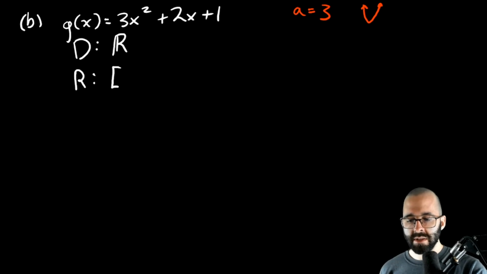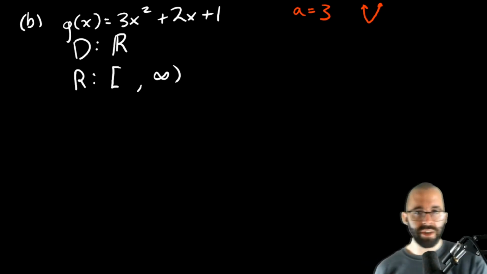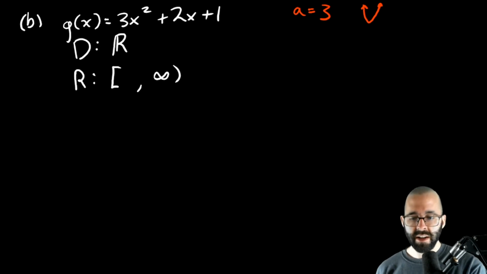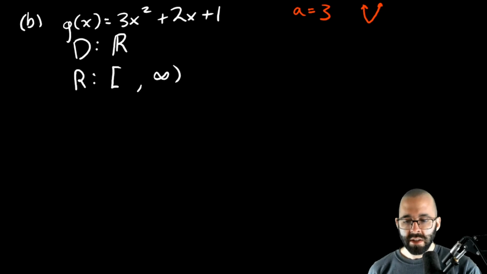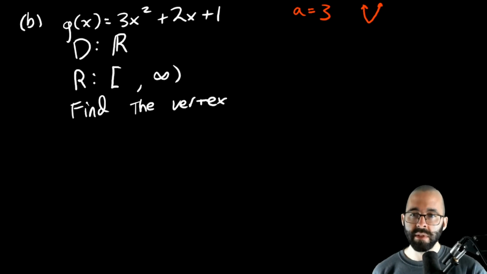So the range is whatever the y coordinate is of the vertex, and then we can get as big as we want. The difficulty here is that we don't know the y coordinate of the vertex this time. It's not 1. That's not the y coordinate. We're not in vertex form. So we need to find the vertex. It can get a little bit more involved, but this is as bad as it gets in this video.